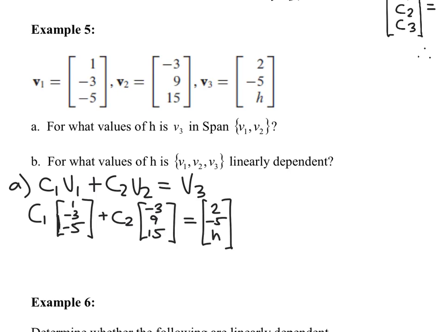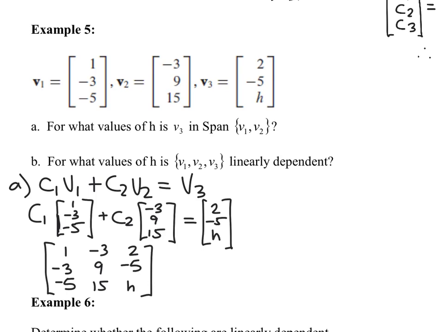All right, so in this case, using row reduction techniques, hence the mentioning of space being required. We want to try to get this down into reduced row echelon form and then see if we can get H to be some particular value that allows for a solution to exist.